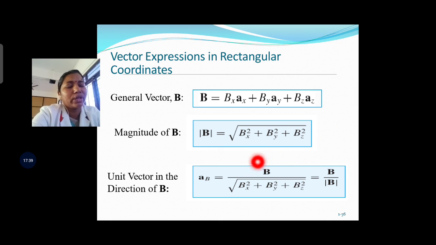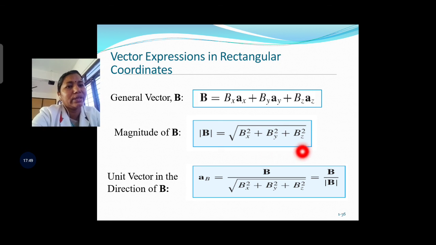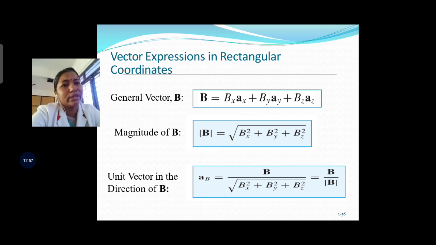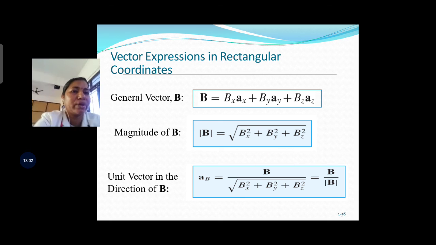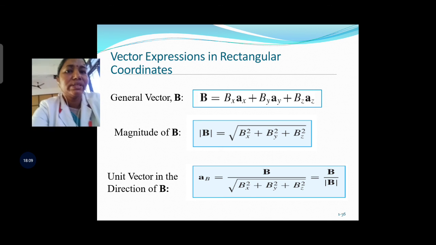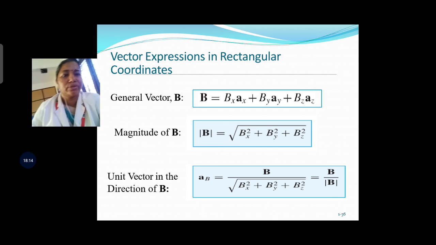If a vector B is given as 2i plus 3j plus 4k, you take the coefficients 2 square plus 3 square plus 4 square in place of Bx, By, Bz. So in the denominator we get the square root of 2 square plus 3 square plus 4 square, and then we get the answer for the unit vector. So the unit vector is defined as any vector divided by its magnitude.